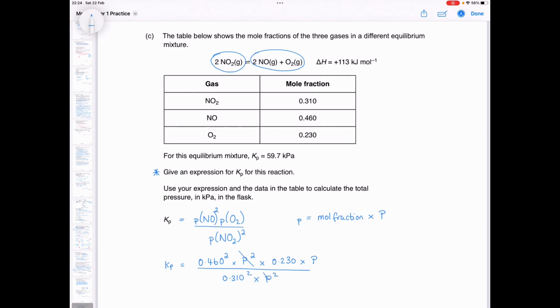So obviously they cancel. So Kp is 59.7 times 10 to the 3 pascals.